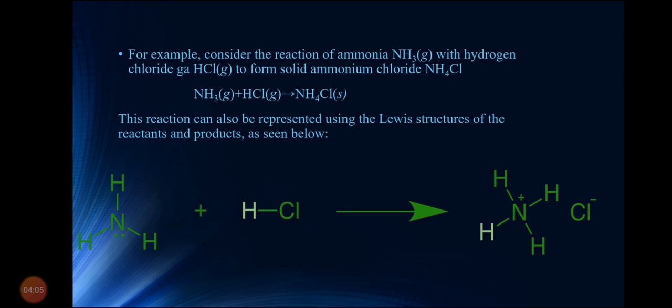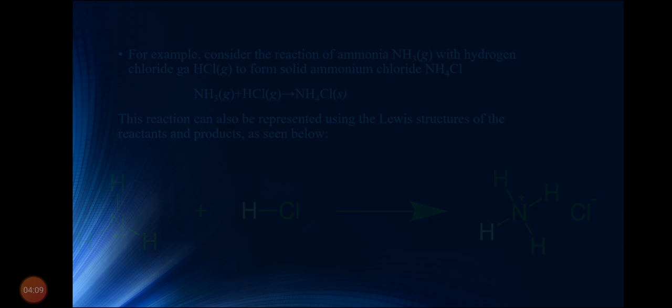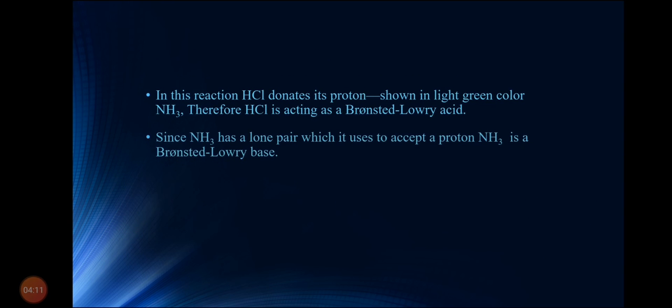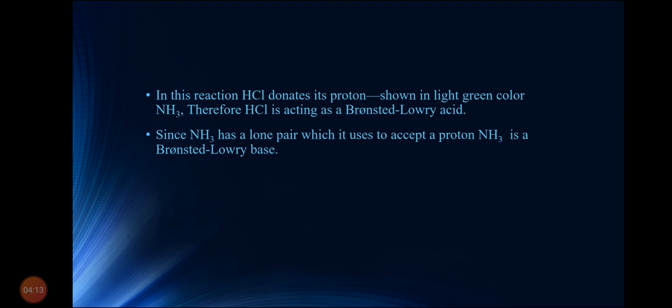Remember students, the H has been shown in light green color. In this reaction, HCl donates its proton, shown in light green color, to ammonia. Therefore, HCl is acting as a Bronsted-Lowry acid. Ammonia also has a lone pair of electrons which is used to accept the proton.